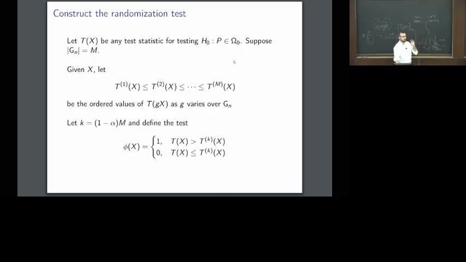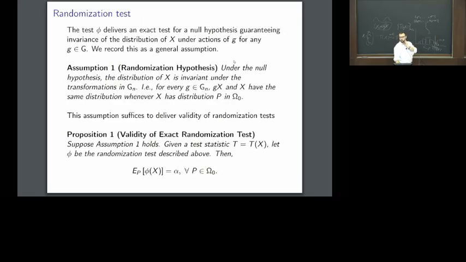So the randomness comes from the X. If the transformation G does not change the distribution, the variation in test statistics under all permutations comes from the fact that you're sampling X.